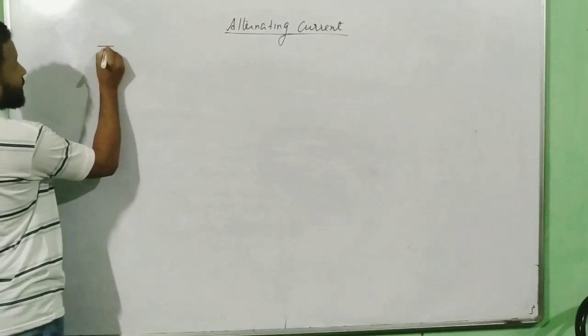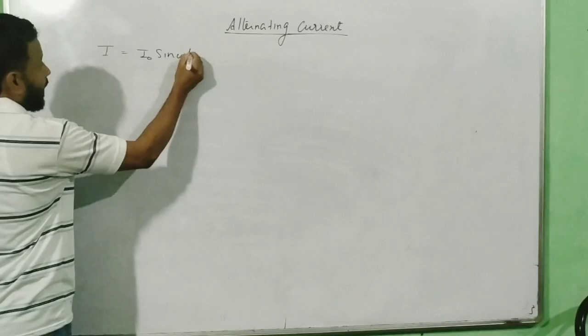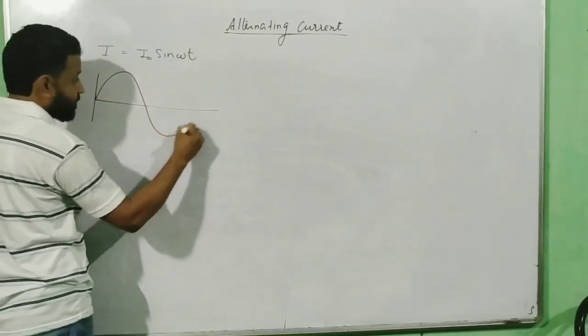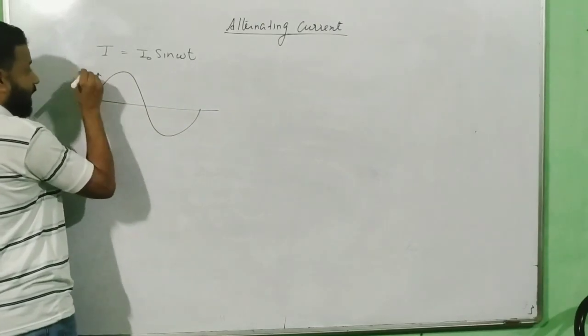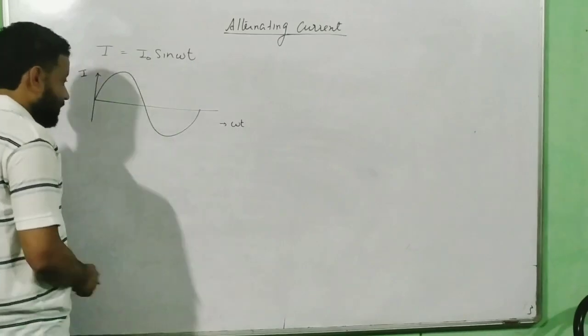So let us start with I is equal to I naught sin omega t. As it is an alternating current, it has a graph. It is like this. This is my I and this is my omega t, or you can just write t also, it doesn't matter.